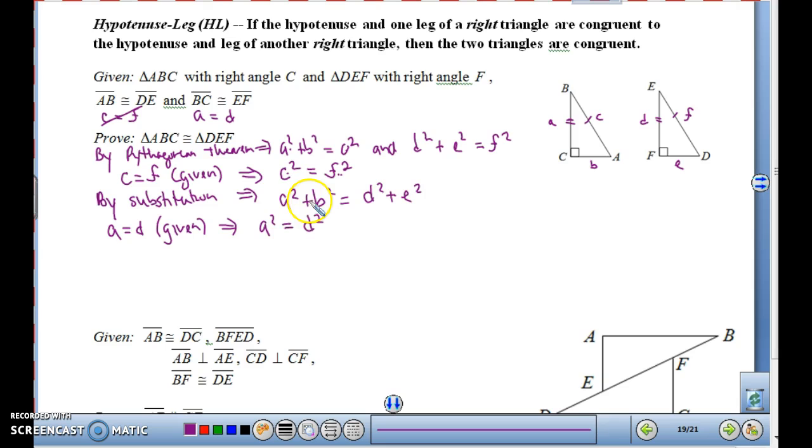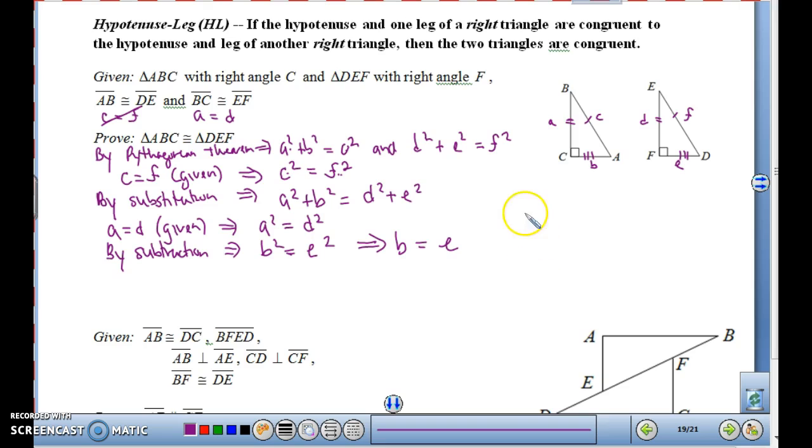Well, we can take out a squared and d squared, and we're left with, by subtraction, that b squared is equal to e squared. Now, b squared being equal to e squared implies that b is equal to e. If I take the square root of both sides, I'm going to end up with b is equal to e. So we have just proved now that b is equal to e.